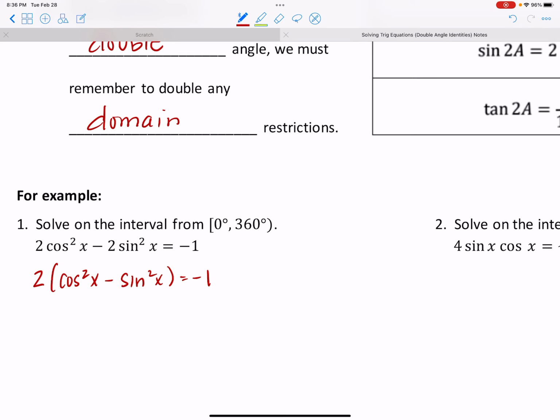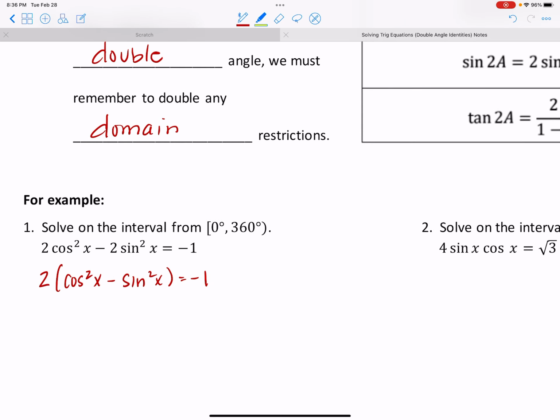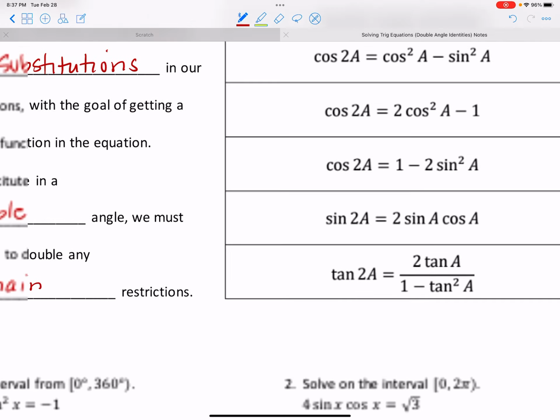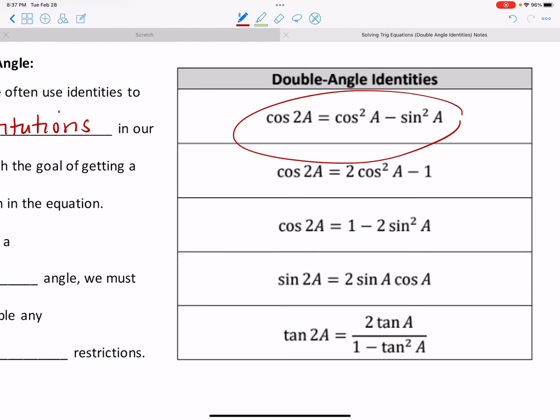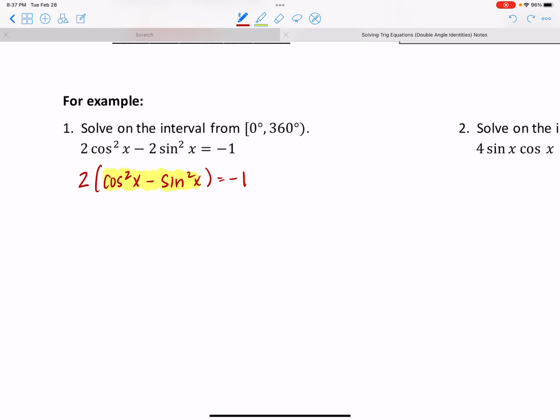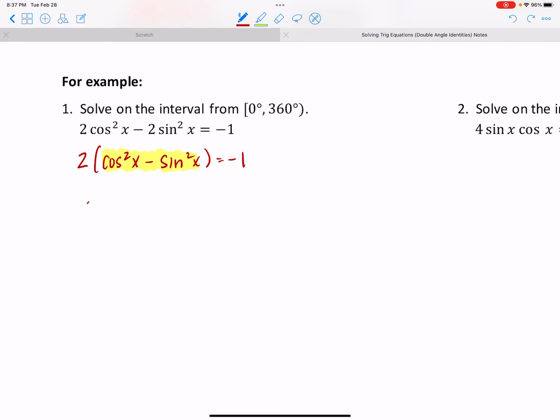So I can swap this out now, right? I just showed you in that box that the cosine squared of x minus the sine squared of x is going to be equal to the cosine of 2x. That's our double angle identity, the first double angle of a cosine, or cosine of a double angle. So when I rewrite this, it's 2 times the cosine of 2x, now equal to negative 1.